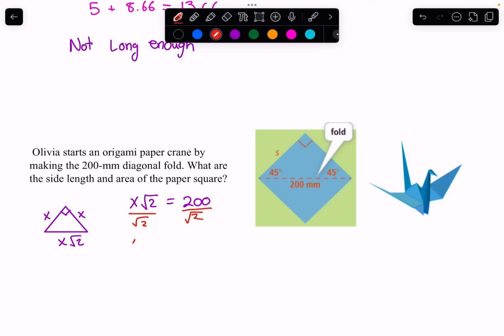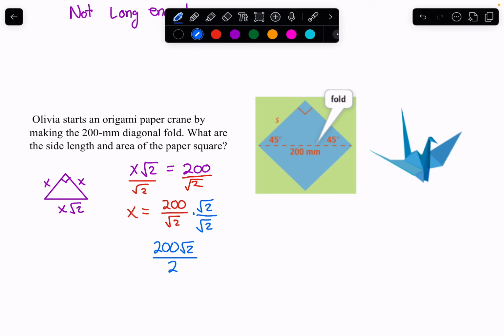And that would give me x equals 200 over root 2. But of course, we learned that we can't have a square root in the denominator of a fraction. So we're going to need to rationalize this denominator, which means I'm going to multiply by root 2 over root 2. And that's going to give me 200 root 2 over, and then on the bottom, root 2 times root 2 is just 2.